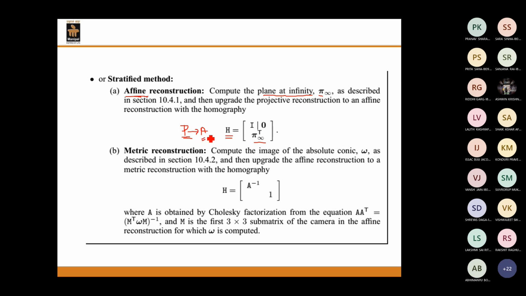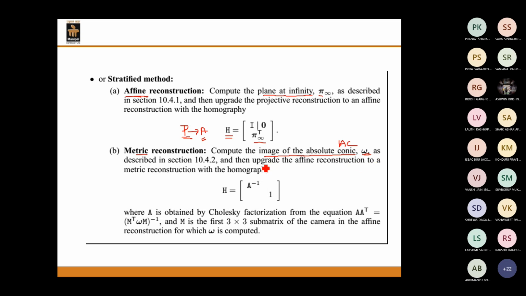Now from affine space, next we need to go to the metric, the Euclidean space, or the metric reconstruction, right? To do that, you need to compute the image of the absolute conic, abbreviated as IAC, which is also denoted by the notation omega.